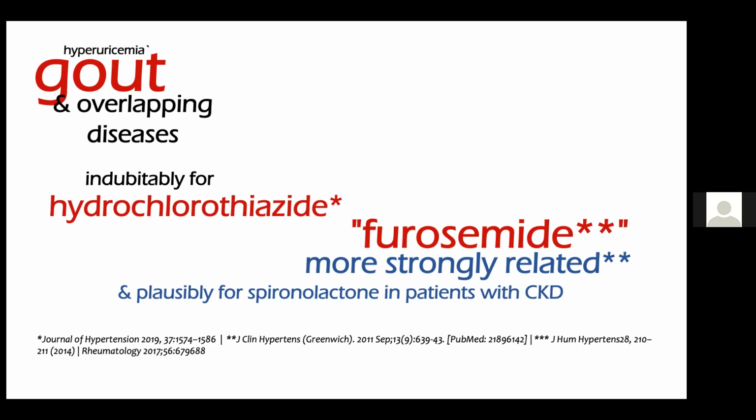This will guide us when the patient necessarily needs these drugs, to know that the requirement in urate lowering therapy might be higher because these drugs are on board. And not only hydrochlorothiazide and furosemide are without any doubt linked to gout; even spironolactone, when patients have CKD, might contribute to increasing uric acid.